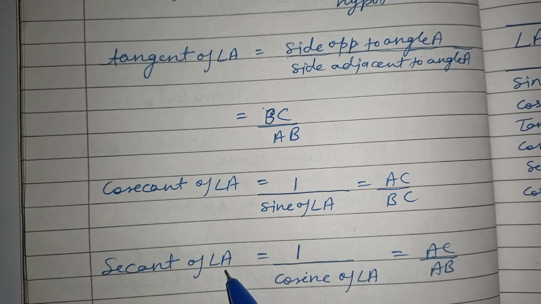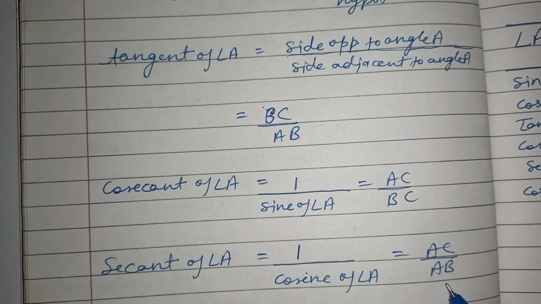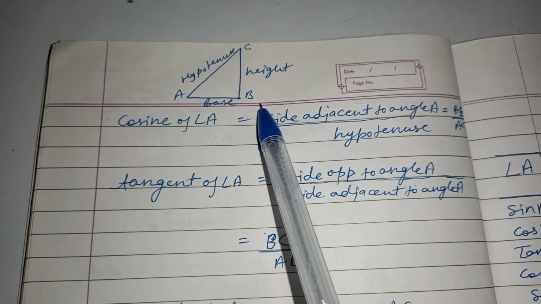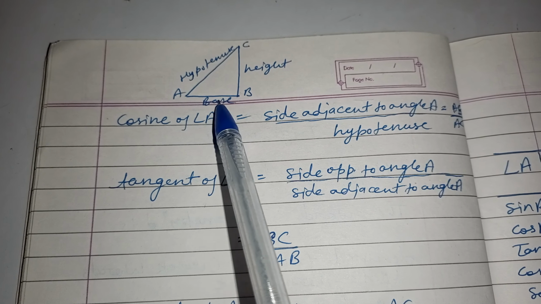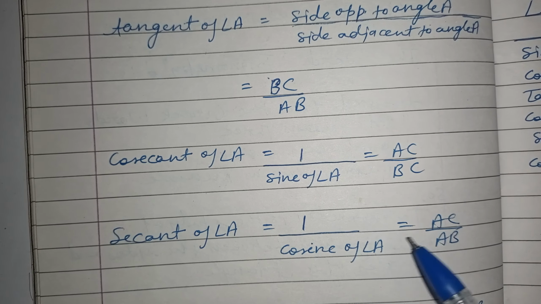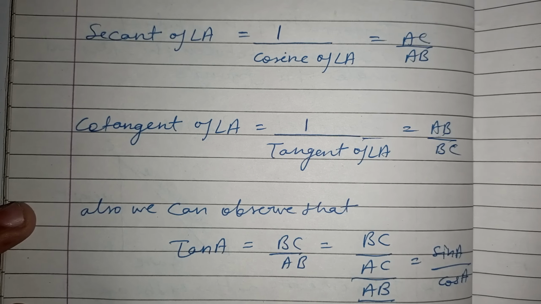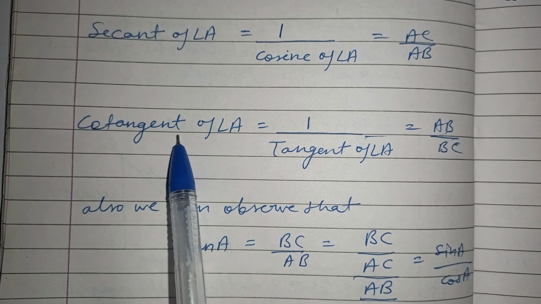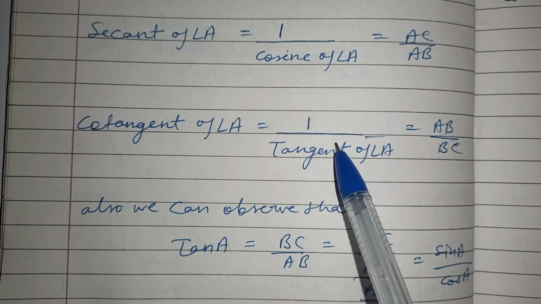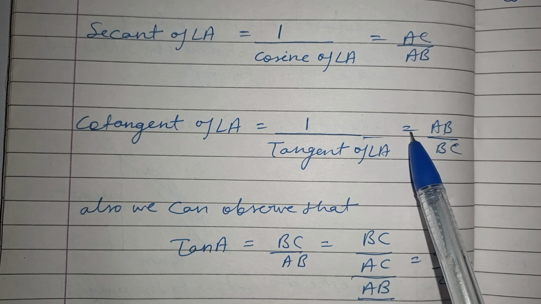Secant of A is 1 upon cosine of A, which is AC upon AB, because we know that cosine is AB upon AC. Cotangent of A is the reciprocal of tangent, which is equal to 1 upon tan A, which is AB upon BC.